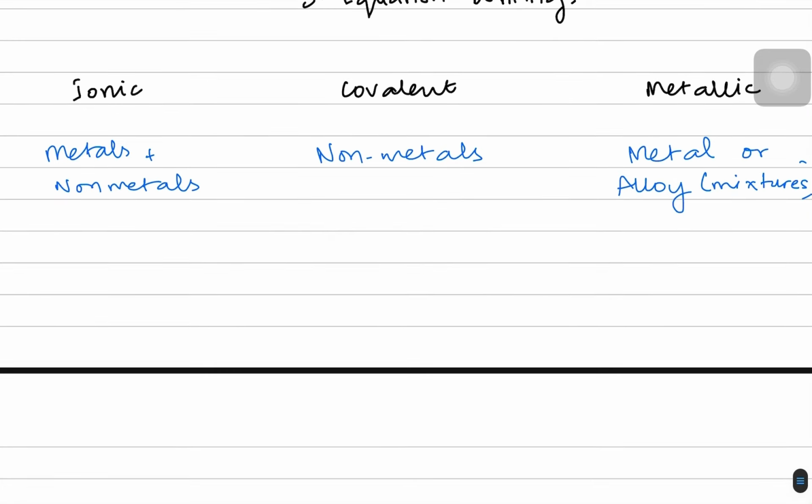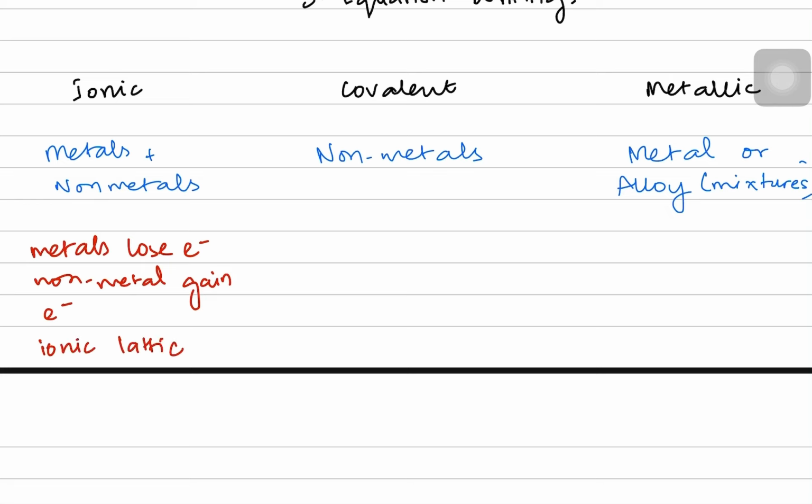Ionic bonds are formed when metals lose electrons and non-metal atoms gain electrons, and then an ionic lattice is formed, which is a lattice of positive and negative ions. Covalent bonding happens when non-metal atoms share electrons with each other.